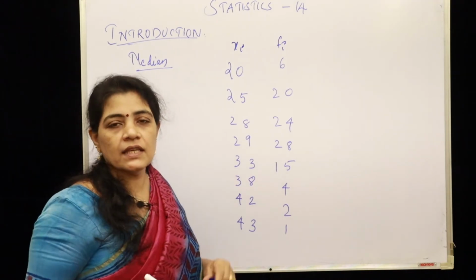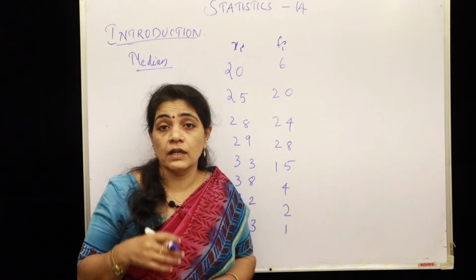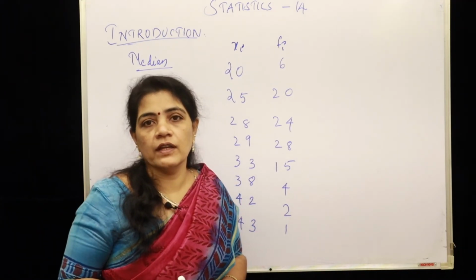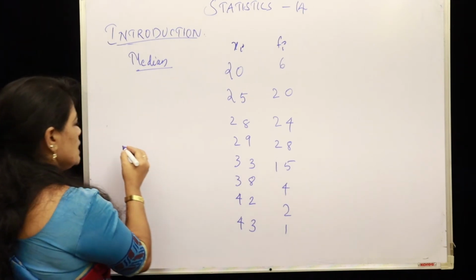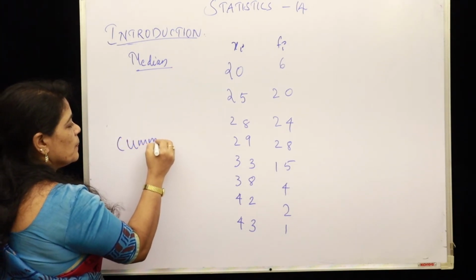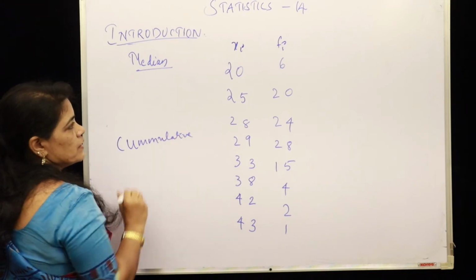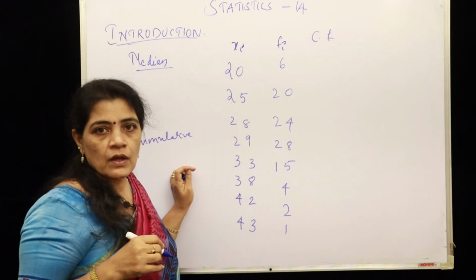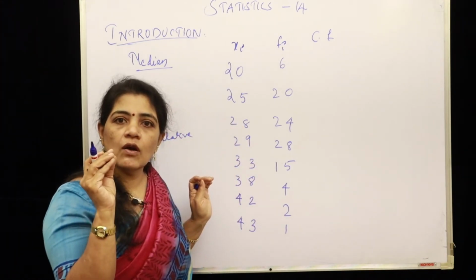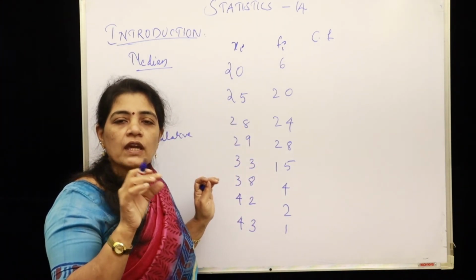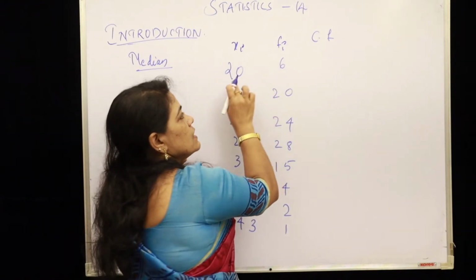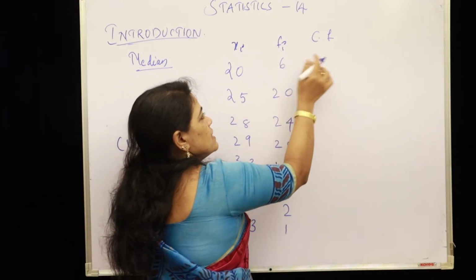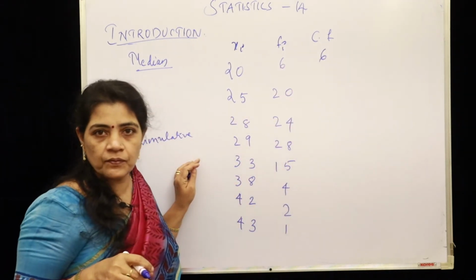For a discrete frequency distribution, in order to find the median, you first have to find the cumulative frequency. What is cumulative frequency? In the cumulative frequency (CF) column, the cumulative frequency of the first observation is the frequency itself. The first observation is 20, and its frequency is 6, so its cumulative frequency is also 6.